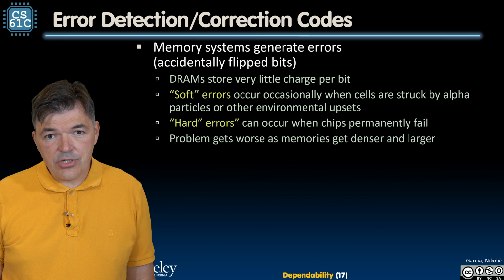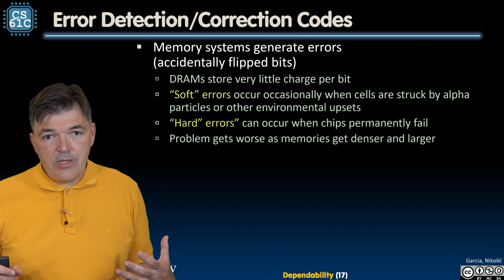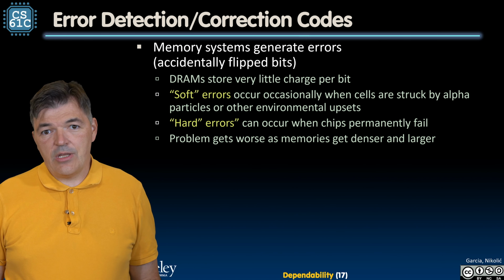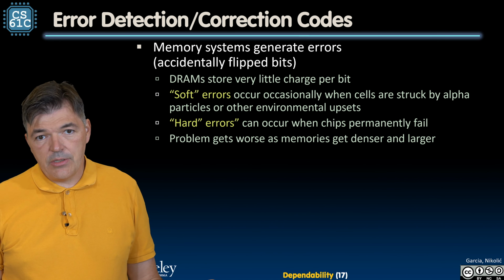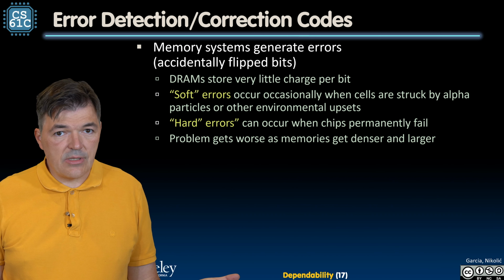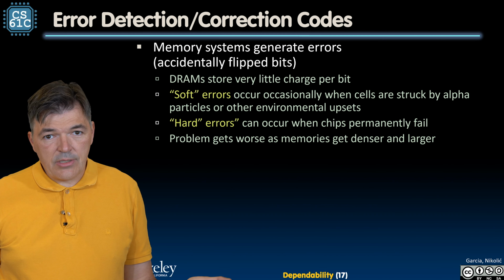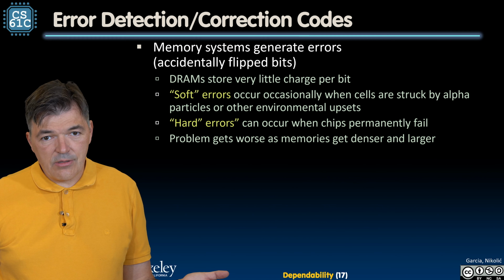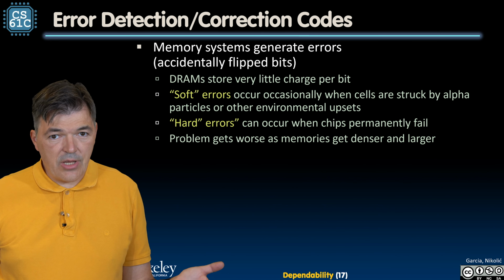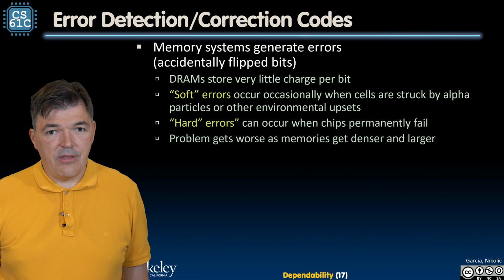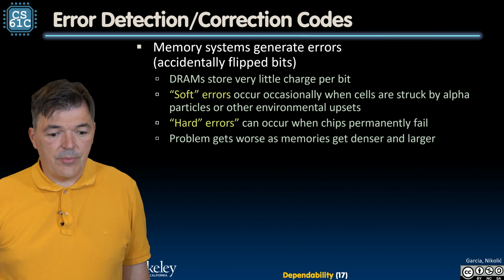If that charge stored in a DRAM cell gets disturbed, we may think that we have written a 0 into a cell, but we will read a 1. Why would that happen? It can happen because of disturbances in a power supply, or because a particle in the form of a cosmic ray, a cosmic particle, struck that particular location and flipped the bit.